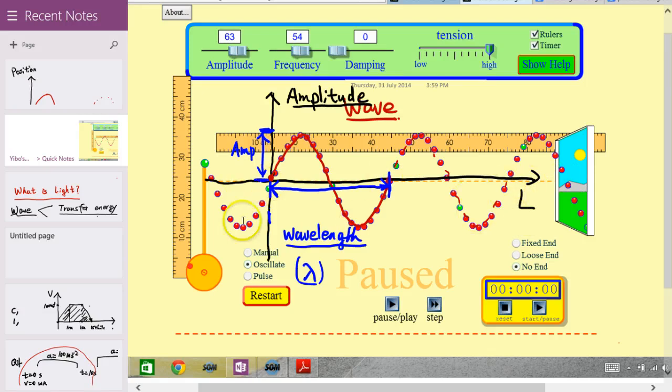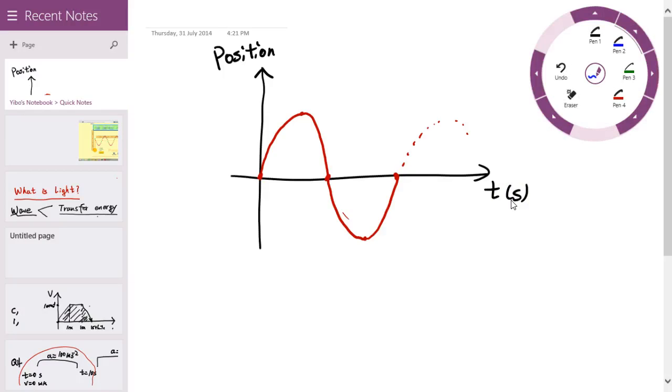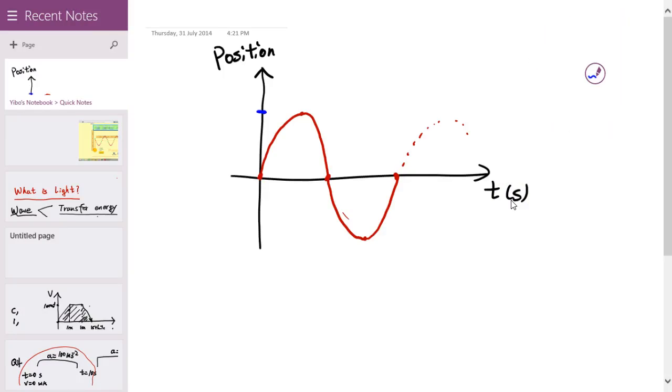In here we have the wavelength, which is the length. In this graph it is the time. The important thing is the y-axis, the position in centimeters, is still the amplitude.